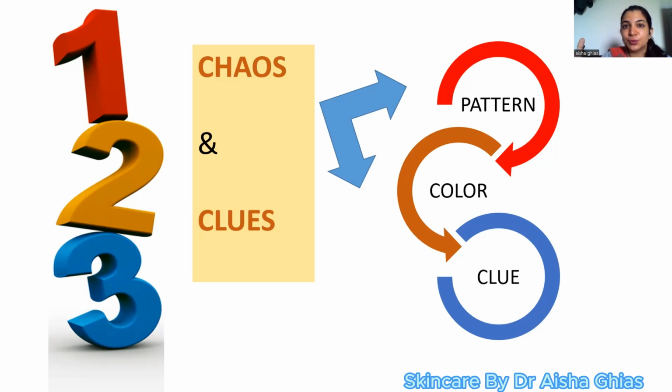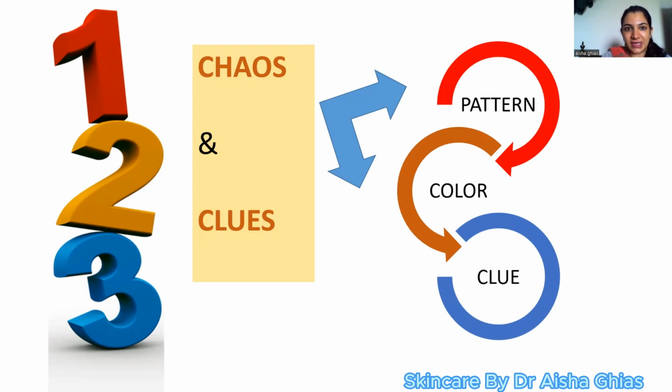You don't really have to put the terminology into language, but just consider in your mind whether the pattern under question is symmetrical or non-symmetrical, whether the colors are symmetrical or non-symmetrical, and on the basis of symmetry, you then see if the lesion is chaotic or non-chaotic.